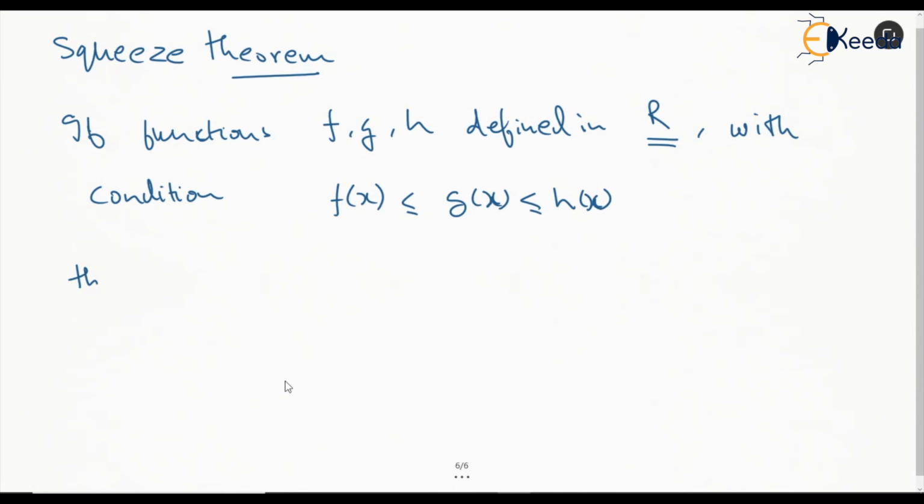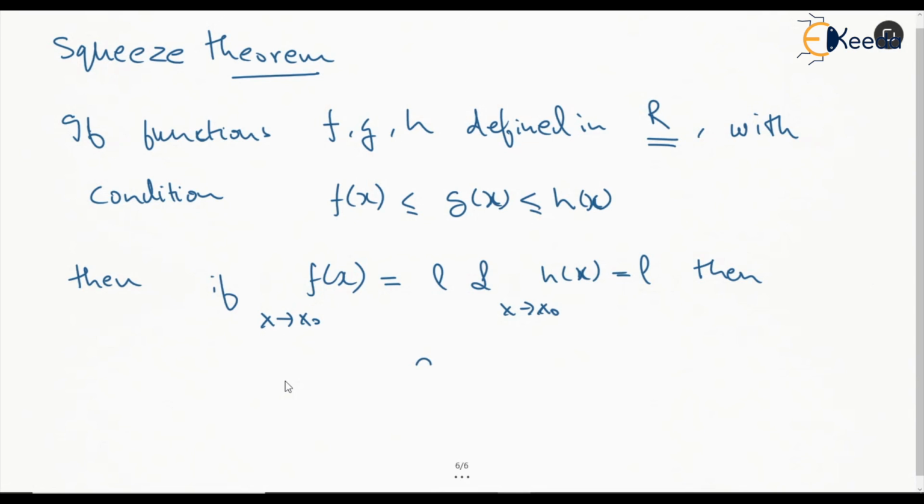Then if the limit of f of x for x tends to x naught is equal to L and the limit of h of x for x tends to x naught is L, then the limit of g of x for x tends to x naught will be equal to L, right?